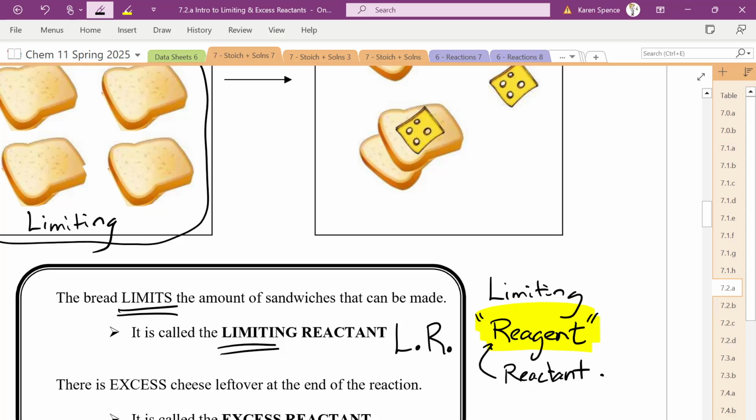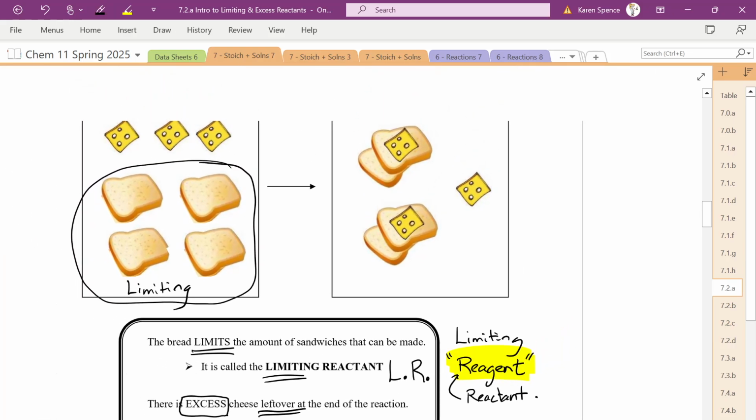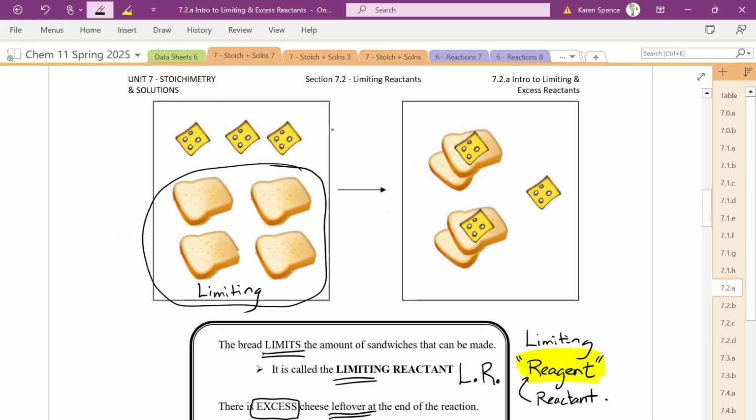And then when you have an excess of something, that means you have too much of it and you'll have some left over. The excess is always going to have some amount left over. In this case, our excess reactant is the excess cheese.